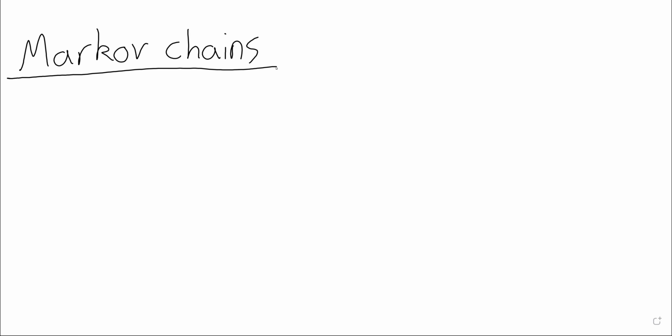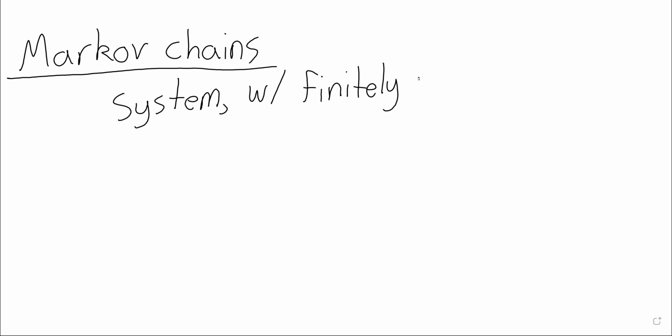So a Markov chain or a Markov process occurs in the following situation. You are looking at some kind of system, and this system takes on states.